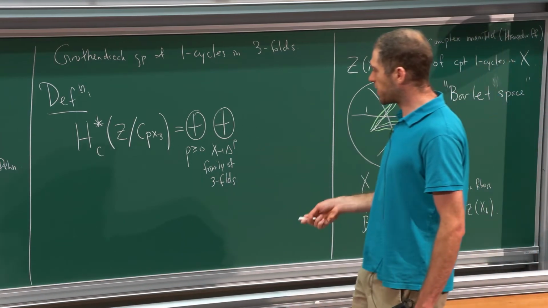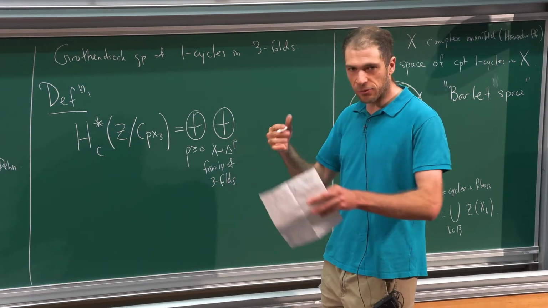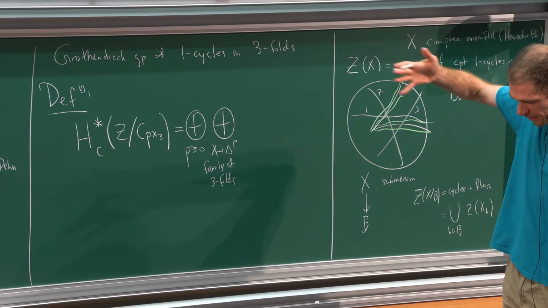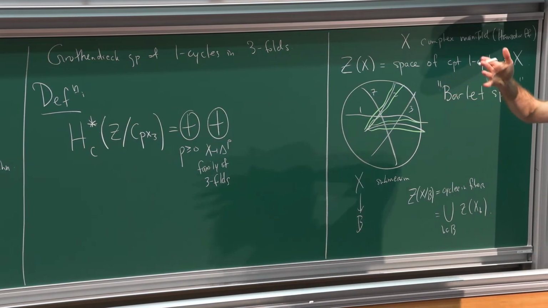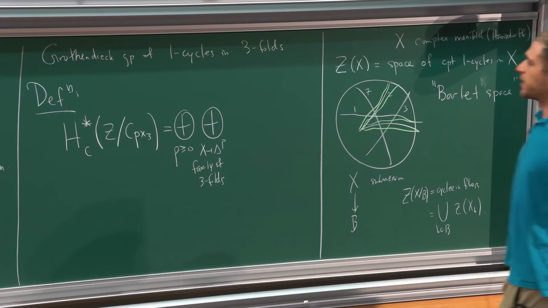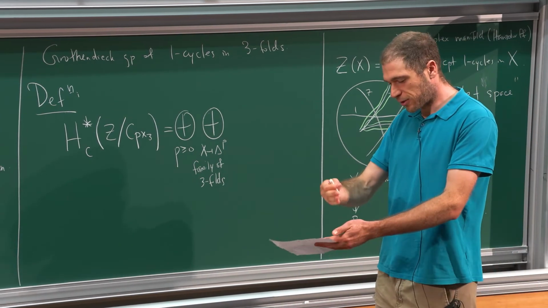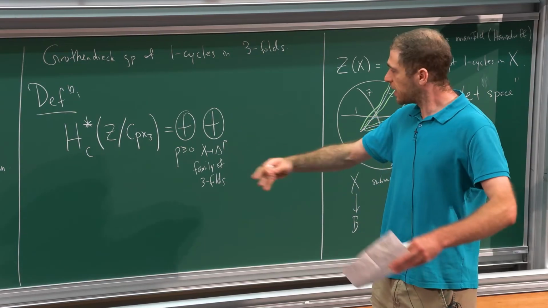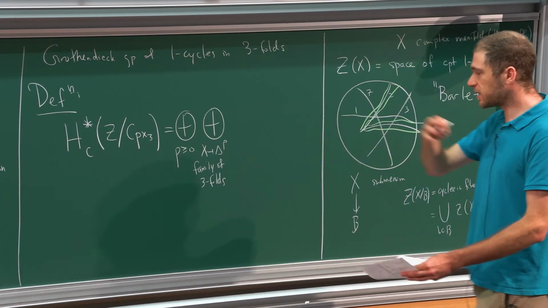Now I'm sort of doing topology here. So Δp really means the real p-simplex, but I mean a family of complex threefolds parametrized by it. To make that precise, your p-simplex is inside R^p, which is inside C^p, and you have a family over some neighborhood in C^p.